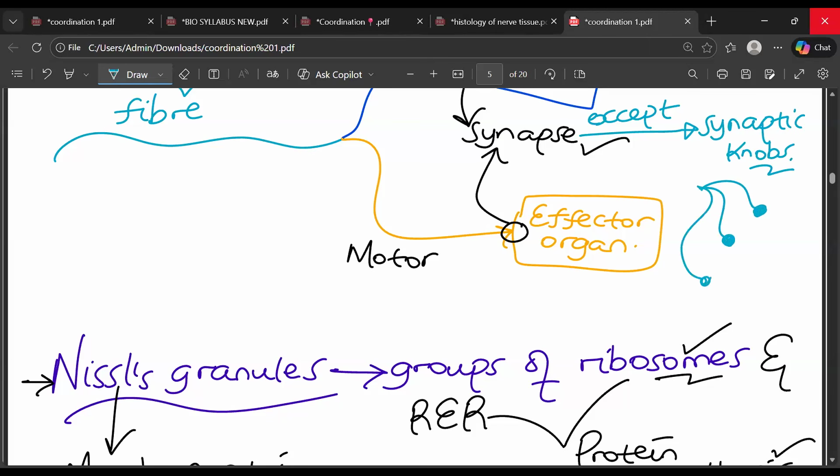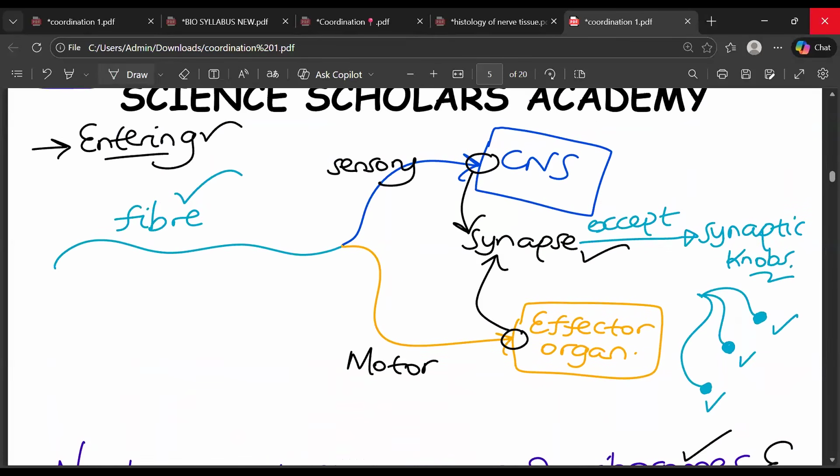So when they are present at the synapse, that's when we call them synaptic knobs. Hope you are together there. But I don't know if you know what they really do. I told you we shall see them when we reach the synapse, because the synapse is a topic on its own, and it's also very important.